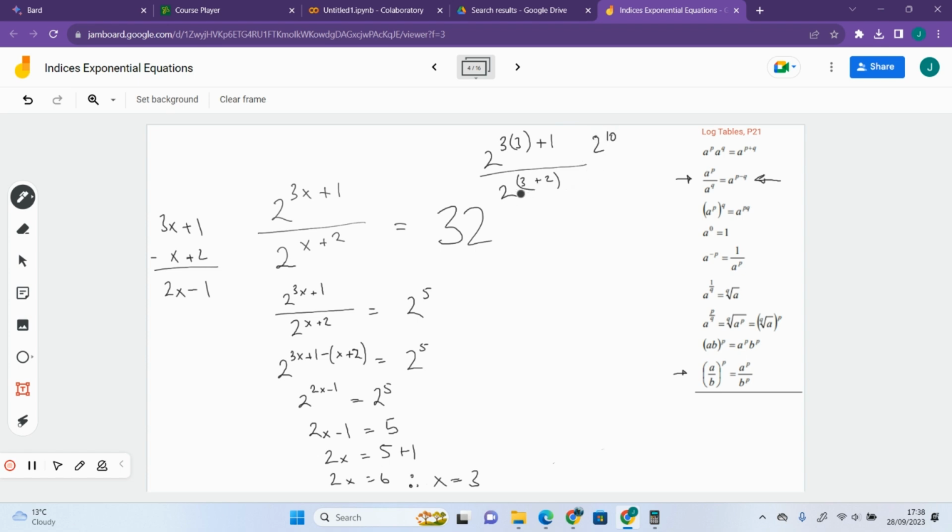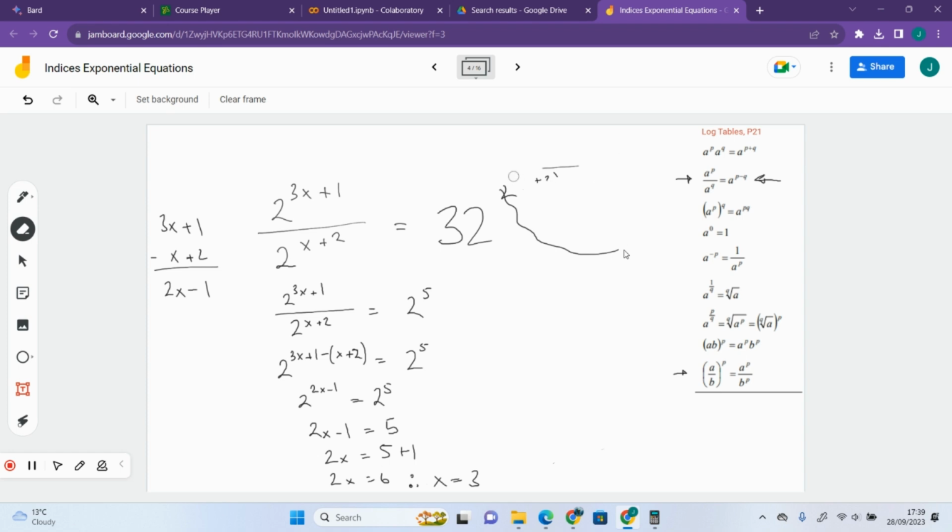And this one, 3 plus 2 is 5, so that's 2 to the power of 5. When I work those out, I will get 2 to the power of 5, and that is equal to 32. So that part there is just verification. I verified that the left-hand side is equal to the right-hand side when I plugged in the value of 3. Okay, so that's that one solved.